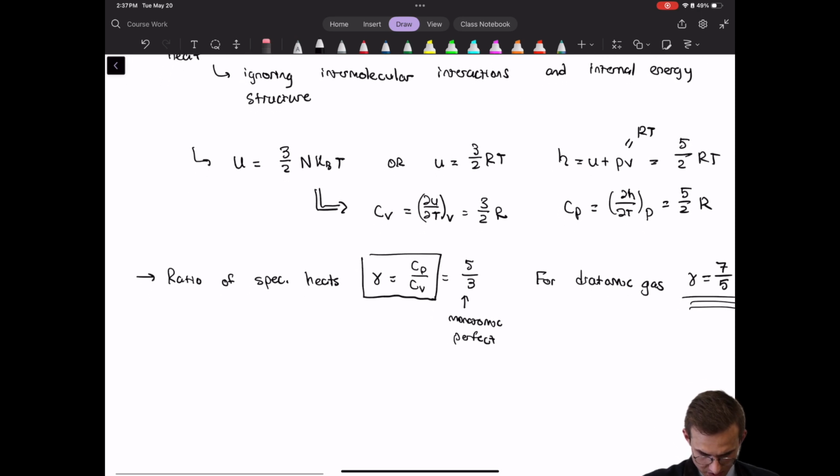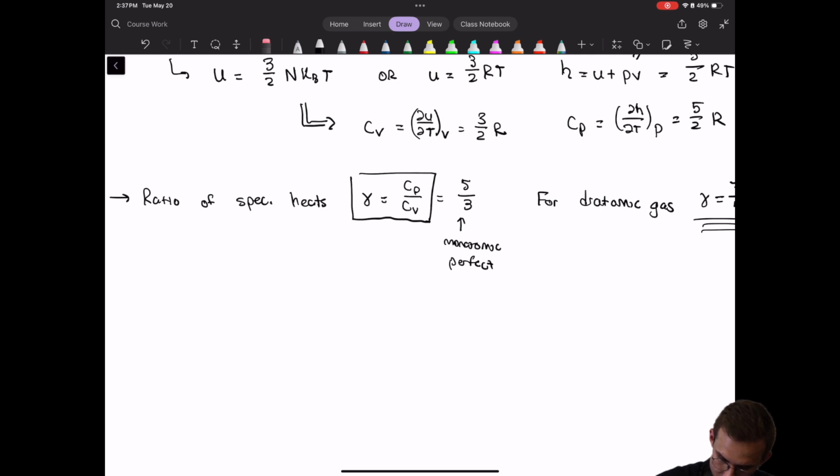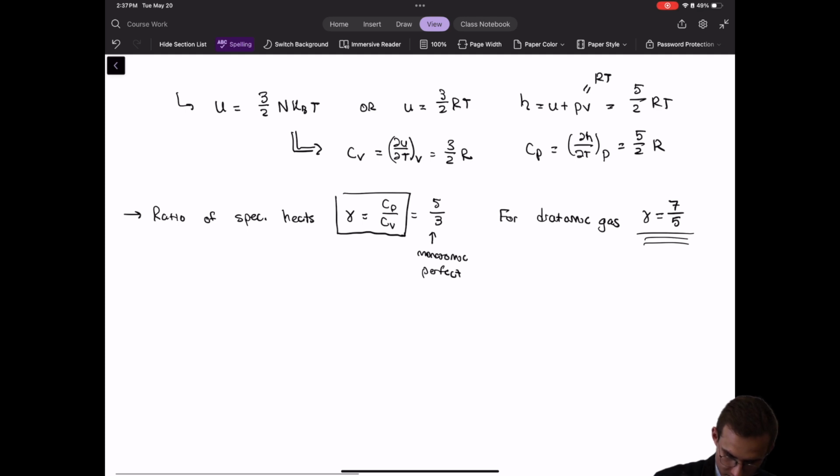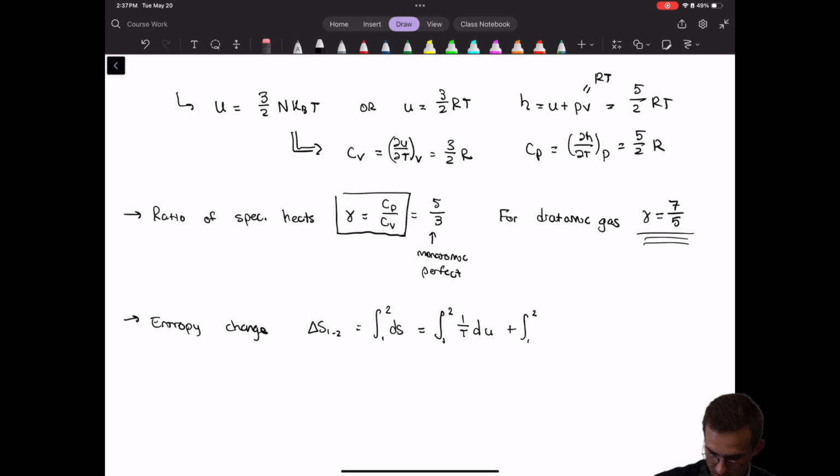Okay, let's also quickly write the formula for entropy change. Let's get this zoomed right here. So for entropy change, we have delta S from state 1 to 2 is the integral from 1 to 2 of dS, which we can rewrite using that fundamental thermodynamic relation as the integral from 1 to 2 of 1/T dU plus the integral from 1 to 2 of P/T dV.